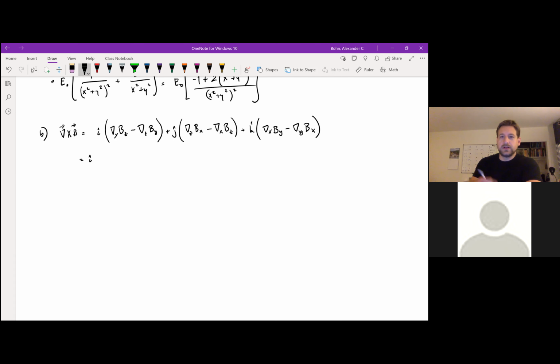The y component of the del vector is just the partial with respect to y of the z component of vector b, but there isn't one. The partial with respect to z of the y component, but the y component of vector b doesn't depend on z. So that's gone.